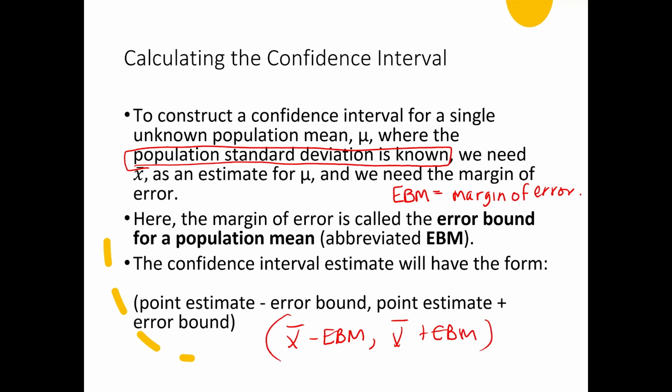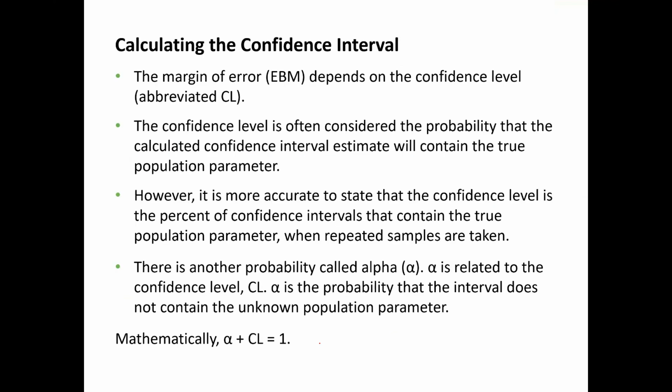How do I calculate it? I should be looking at my notes somewhere along here. Okay. The calculation of the error bound of the mean depends on the confidence level, which we abbreviate CL.